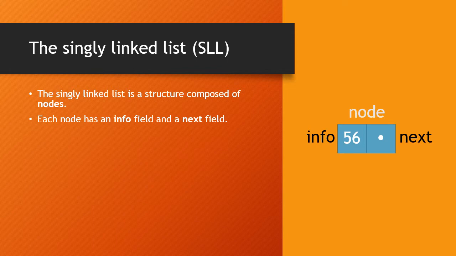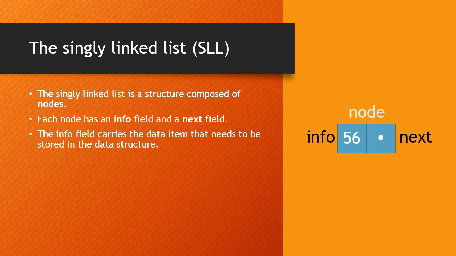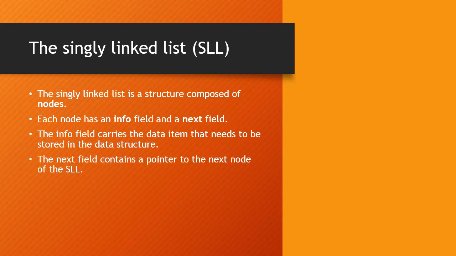Each node has an info field and a next field. The info field carries the data item that needs to be stored in the data structure. The next field contains a pointer to the next node of the singly linked list. So this is a node containing 56.